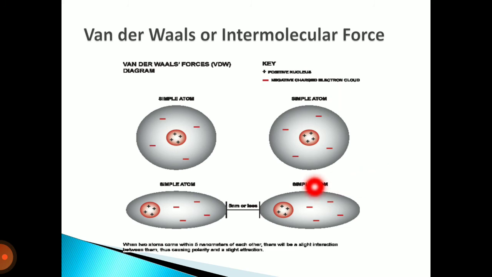But at a particular instant, when the electron rich region of one atom comes closer to the electron deficient region of another atom, then there exists an attractive force between the two atoms which is a temporary attraction. Similarly, when electron rich region of one atom comes closer to the electron rich region of another atom, then there exists the repulsive forces between the two neighboring atoms.